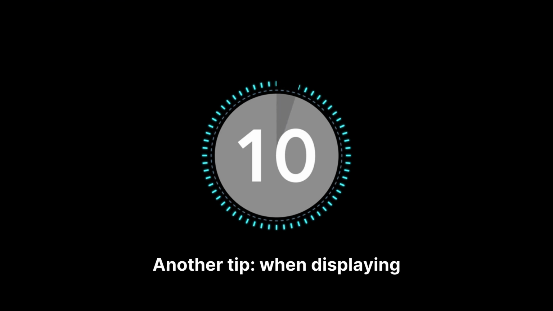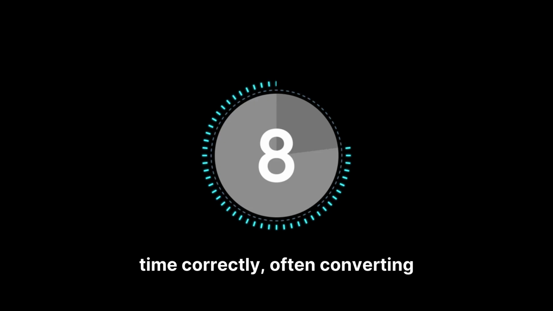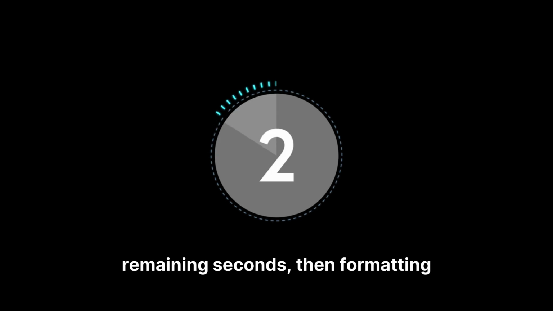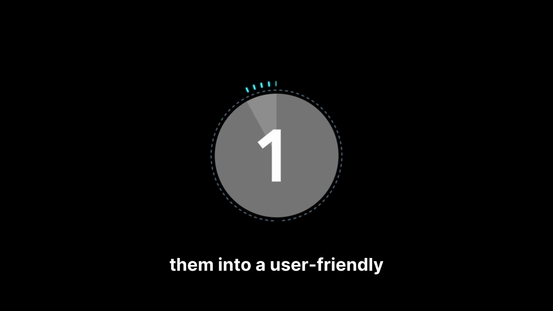Another tip, when displaying countdowns in the UI, ensure you format the time correctly, often converting seconds into minutes and seconds for better readability. Players expect to see 1:30 rather than 90 seconds. This involves simple mathematical operations to convert total seconds into minutes and remaining seconds, then formatting them into a user-friendly string. Always consider edge cases, such as what happens if a timer is stopped prematurely or if the game state changes unexpectedly.